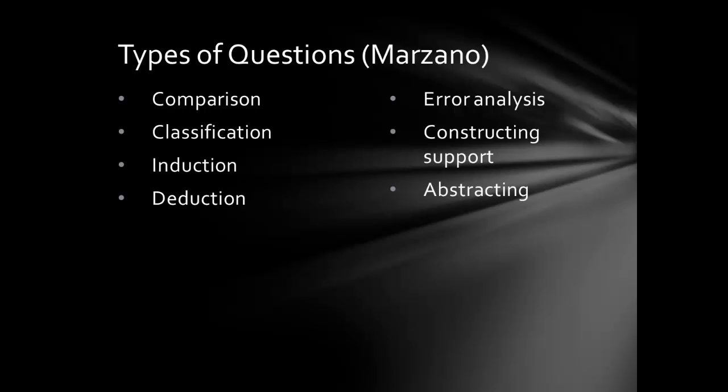There are also questions that deal with abstracting, such as, what is the general pattern underlying the information you're reading? And there might be questions that deal with analyzing perspectives. For example, why would someone think this viewpoint is good or bad? Or what's an alternative perspective on this topic, and why?